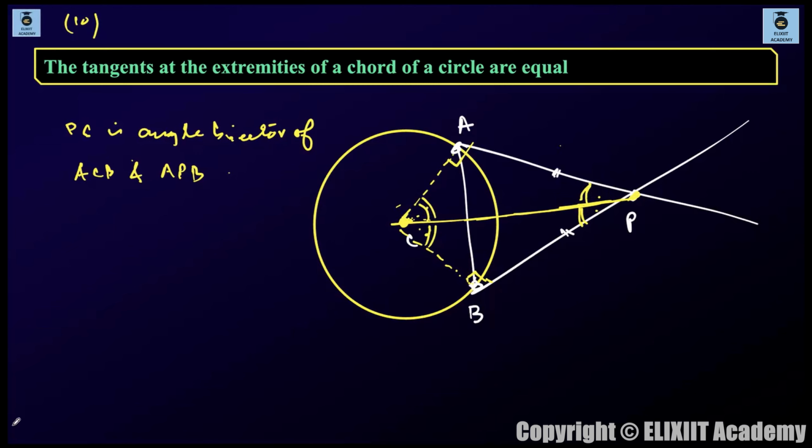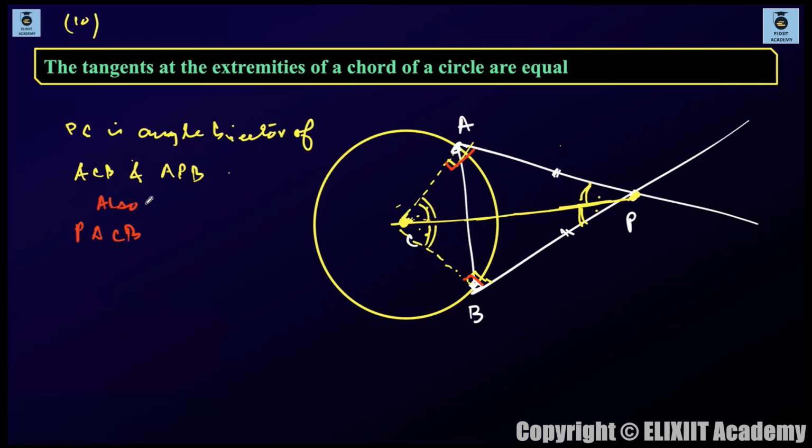Also, one more thing to see from here, very carefully: these two angles are 90 degrees. So the sum of these two angles is 180, as 90 plus 90 gives 180. So can I say that PACB is a cyclic quadrilateral, or that PACB is concyclic?